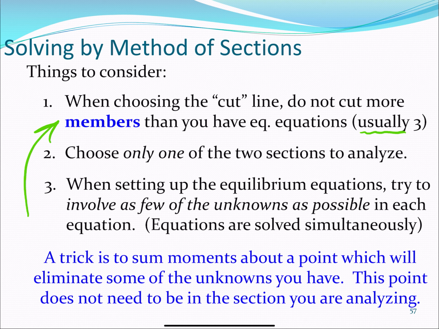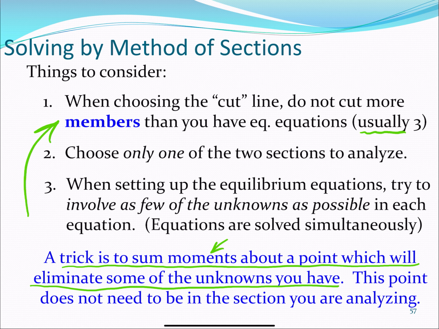For example, to cut through more than three members, the trick is to apply your moment equation in a smart way. A trick is to sum moments about a point which will eliminate some of the unknowns you have. So if you choose that point well to calculate moments, then you can eliminate some of the unknowns.